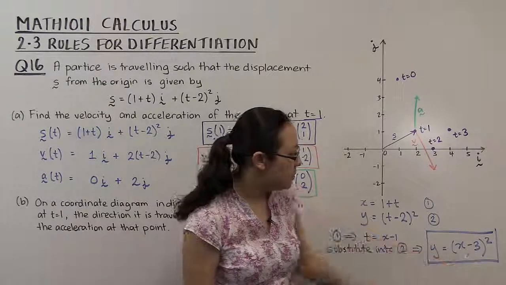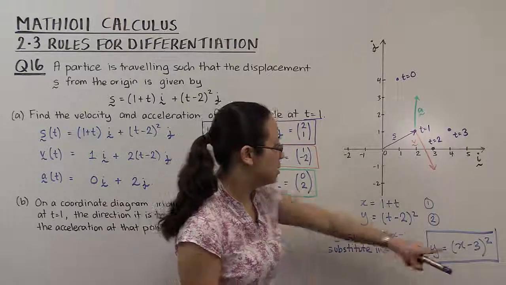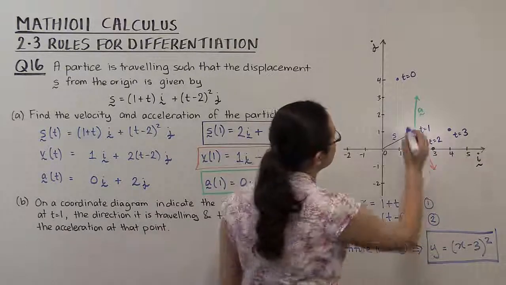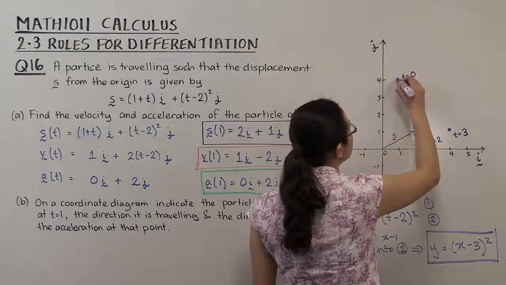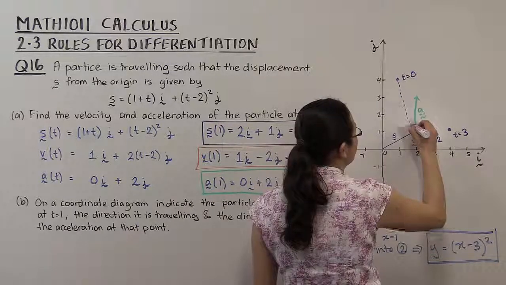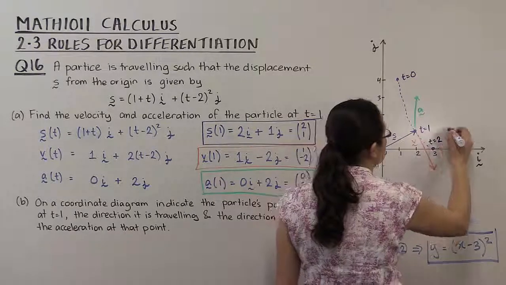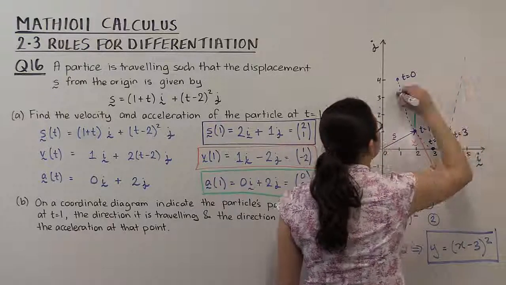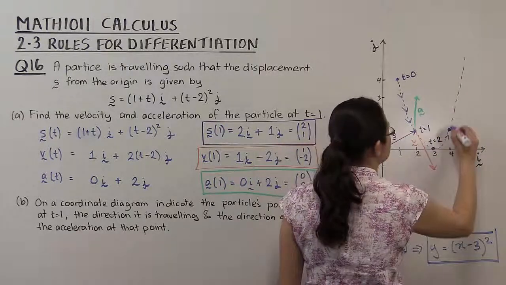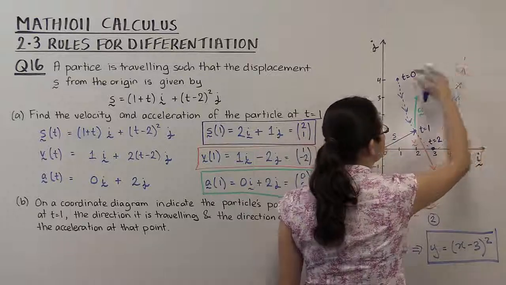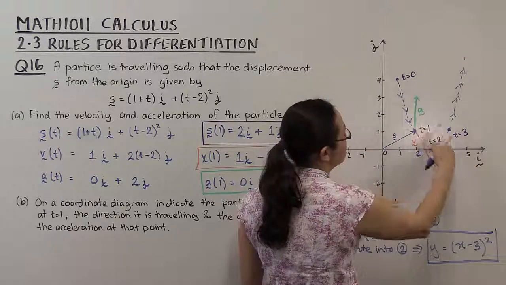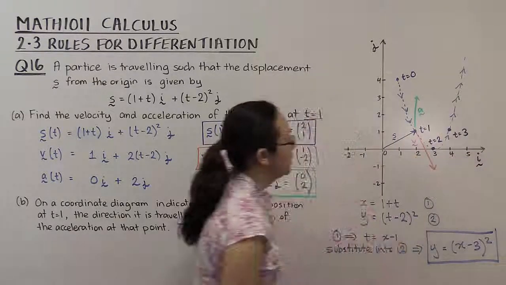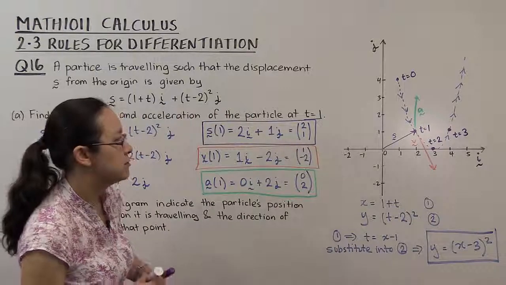So this is a parabola shifted across to 3, and so this will make a bit more sense. I'll just put a dotted line in here. It seems to be travelling in this direction as well, right? Because t equals 0, 1, 2, 3. Presumably if we plug in 4, 5, 6, it will keep going to the right there.